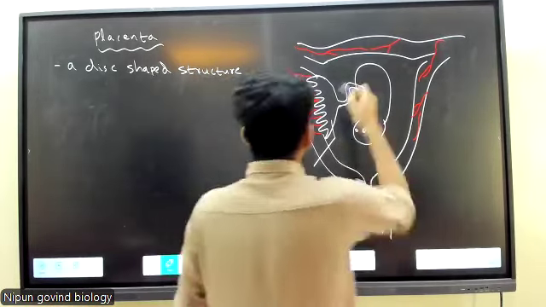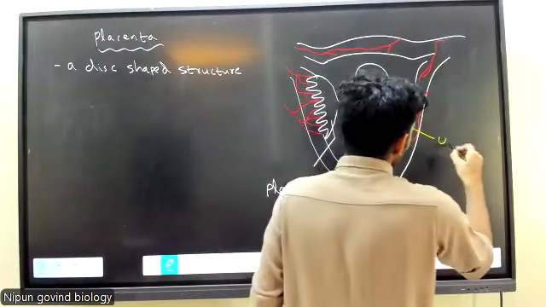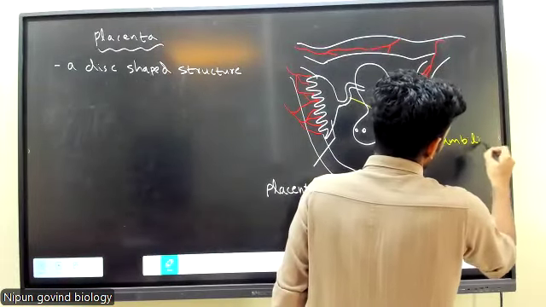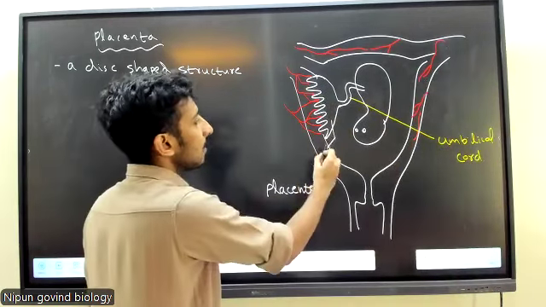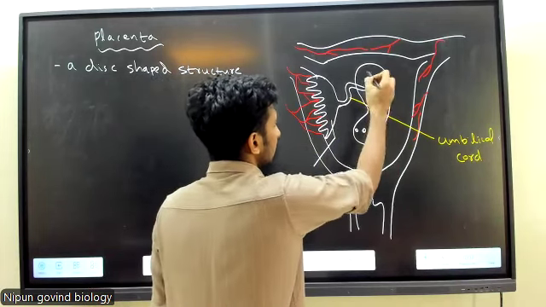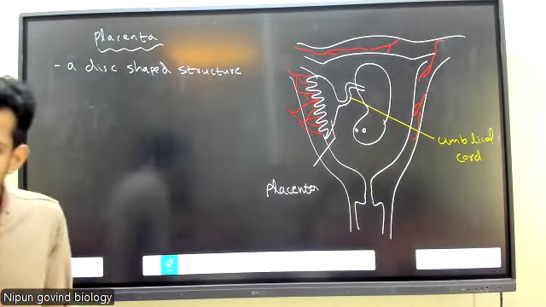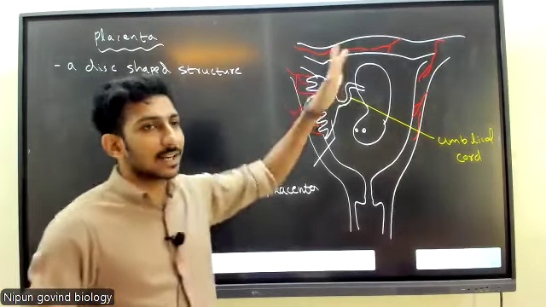So this tube is called the umbilical cord. From the placenta, the umbilical cord emerges and is attached to the belly button. Understood? The belly button is actually the remains of the umbilical cord.